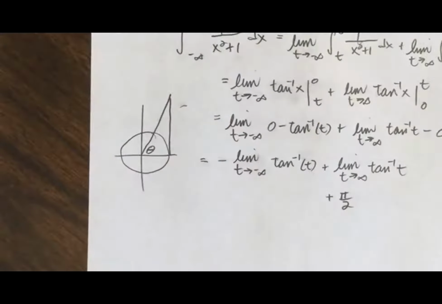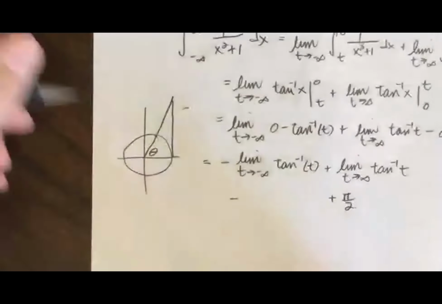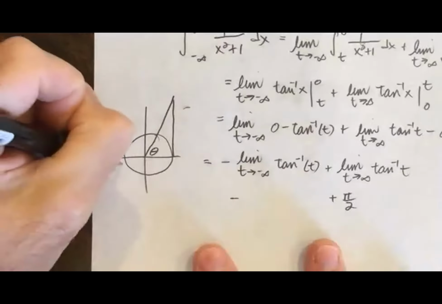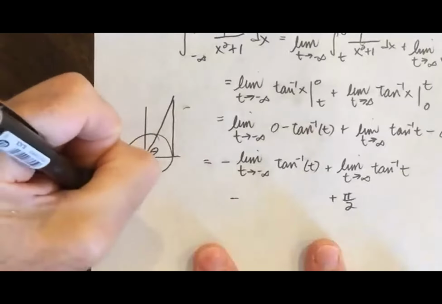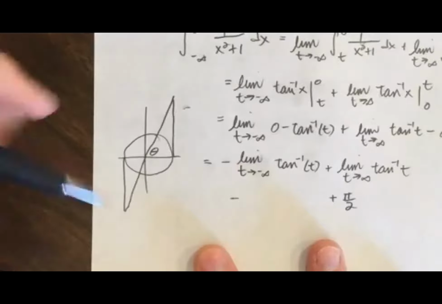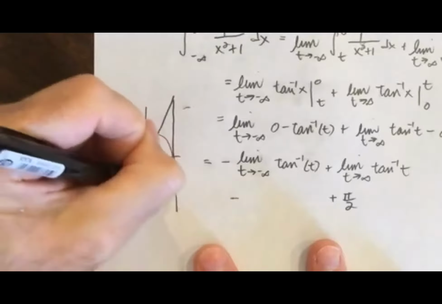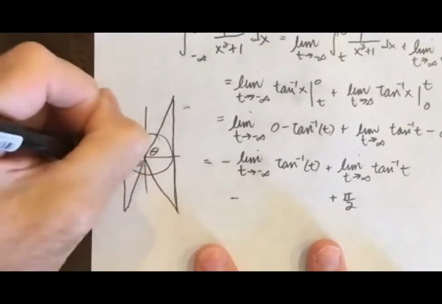How are we doing? Is that making sense? How about this one? Well, you got to say, where's tangent negative? And I think tangent is negative over here, isn't it? Yeah. But you could also say tangent is negative since it's going down right there.